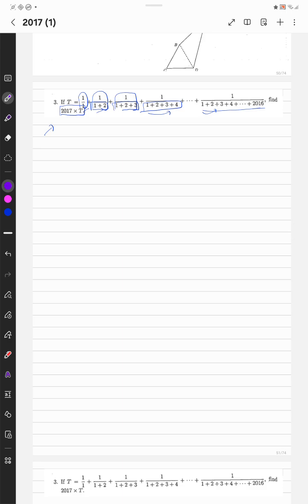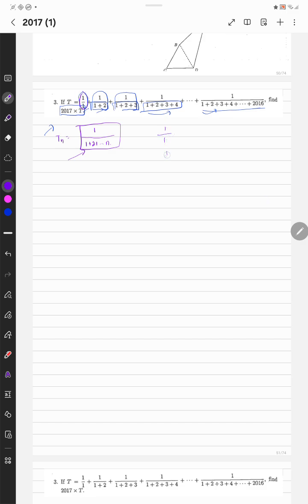How the pattern has evolved, how the terms are progressing. If you look at that pattern, it's basically 1 over 1 plus 2 plus up to n as the nth term. What I mean by that: when you want to find the first term, you write 1 over 1.